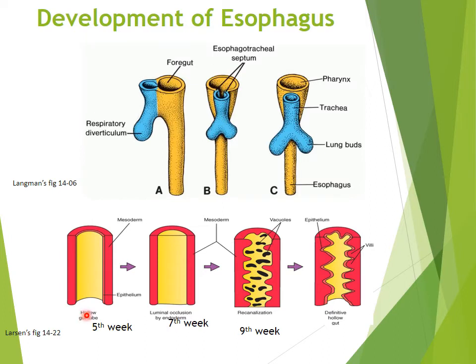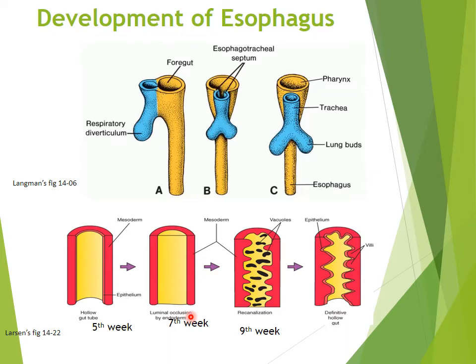Then at the 5th week of development, it progresses to proliferation of the esophageal gut tube. Internally there is rapid proliferation of the endodermal tissue, which is going to obliterate the lumen of the gut tube in the esophagus.